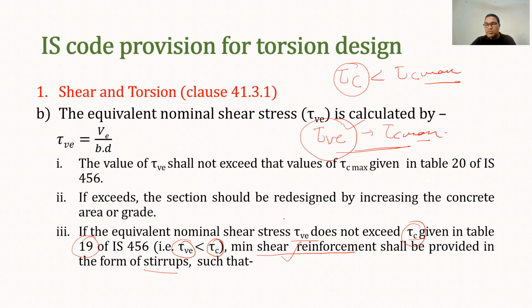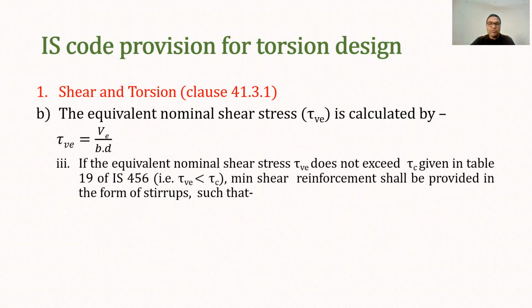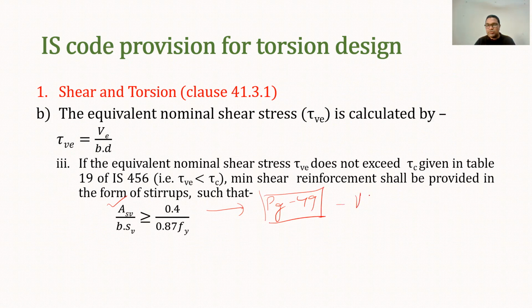The formula for calculating minimum shear reinforcement is also provided in the IS code, I think on page number 49, under the clause minimum shear reinforcement. So you can access this formula from this page, and using it we can calculate the minimum shear reinforcement.